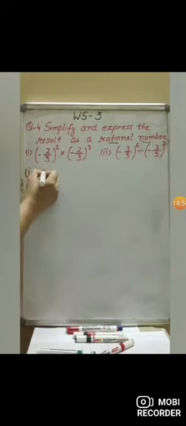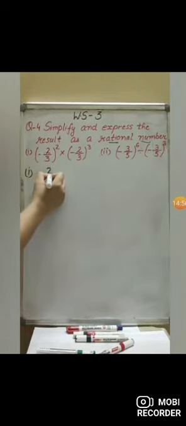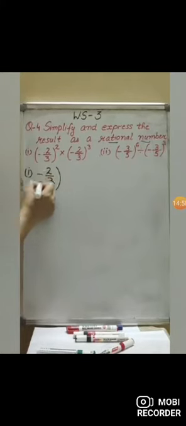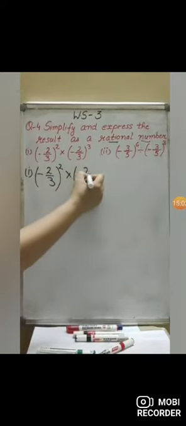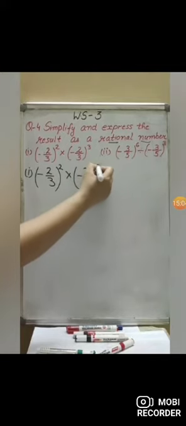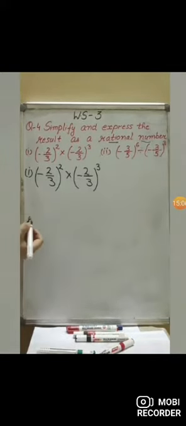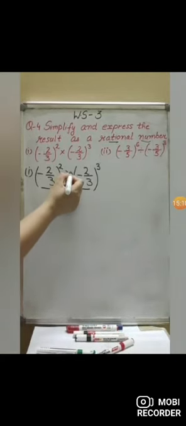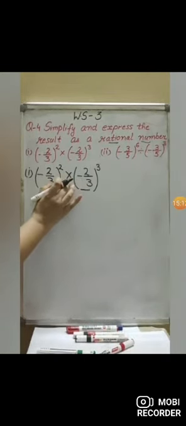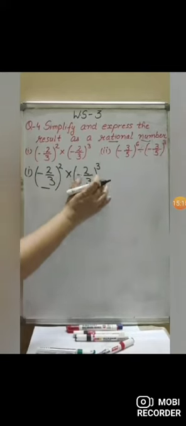So come to the first part: (-2/3) whole raised to power 2 into (-2/3) whole raised to power 3. Again, you can see bases are same. In case of multiplication, if bases are same, powers will add.